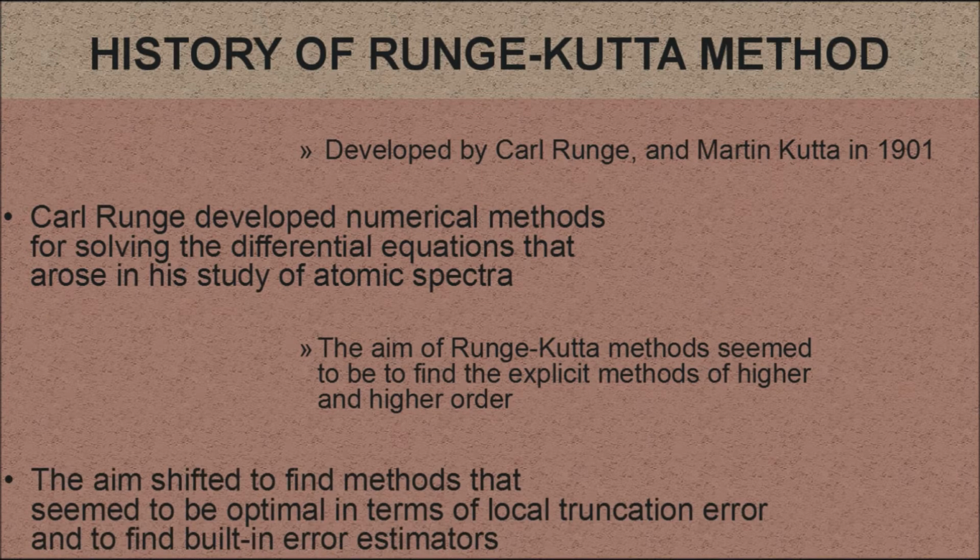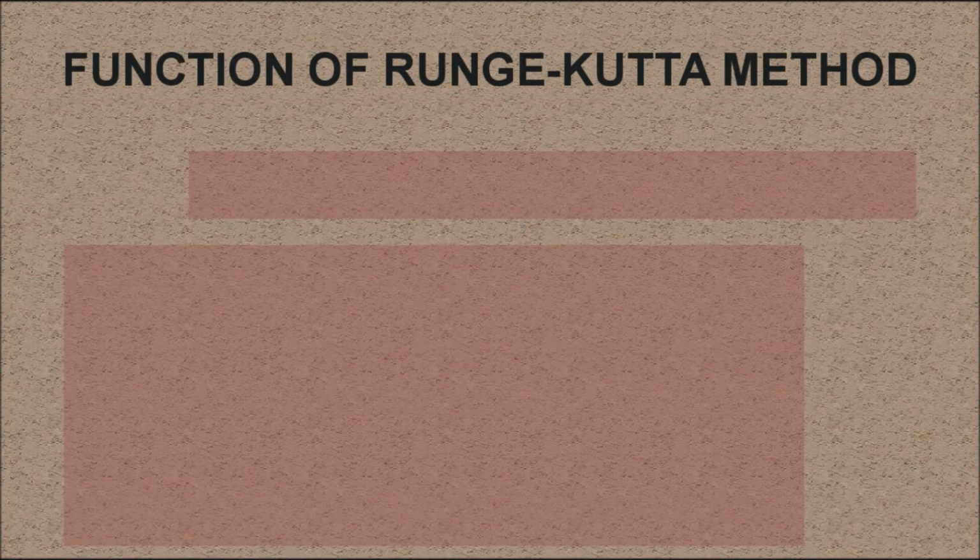Later, the aim shifted to find methods that seemed to be optimal in terms of local truncation error and to find reliable error estimators. With the emergence of stiff problems as an important application area, the attention moved to implicit methods.